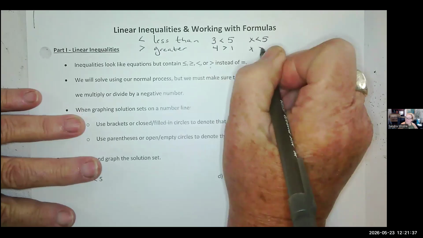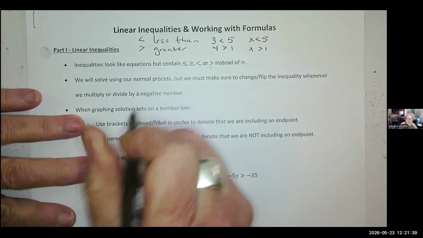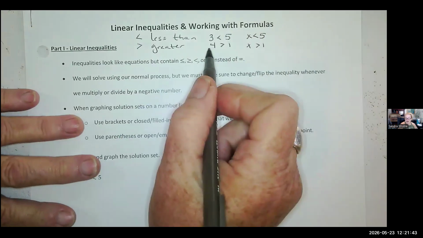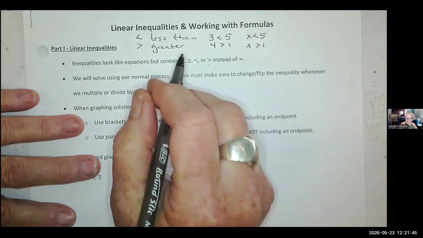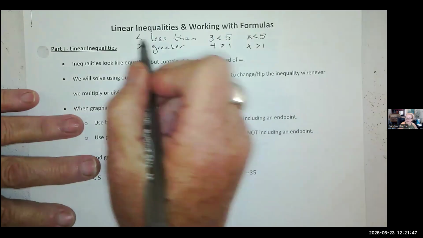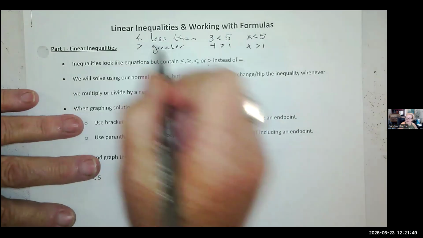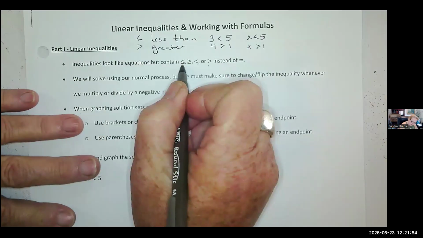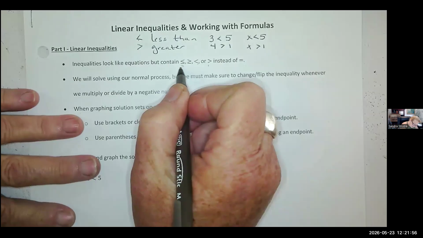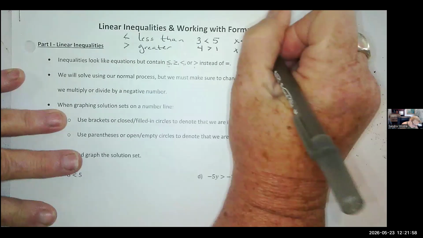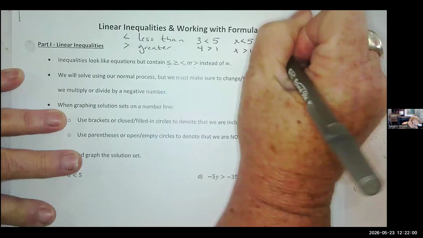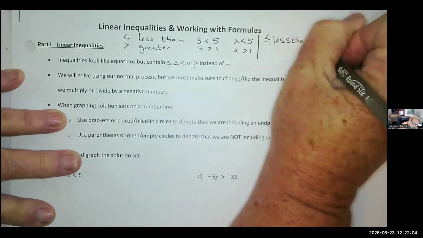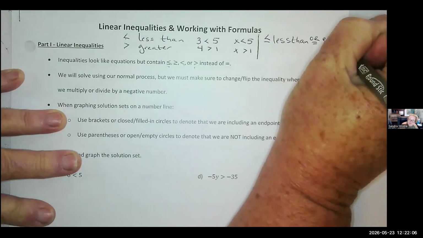The next one, I'm not going to use numbers for because it wouldn't make sense. Instead, I'm just going to use the variable x. It's the same symbol as less than, and the bottom part means or equal to. So this is less than or equal to. That little line underneath means it could be equal to.